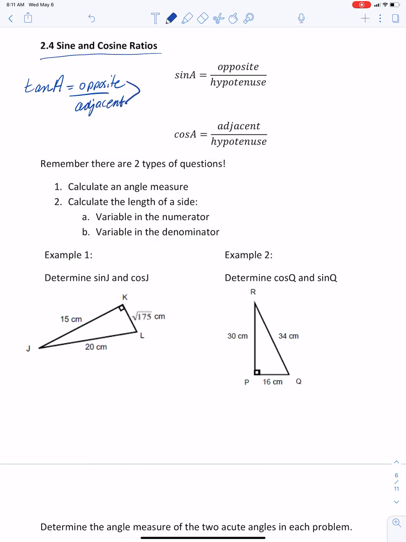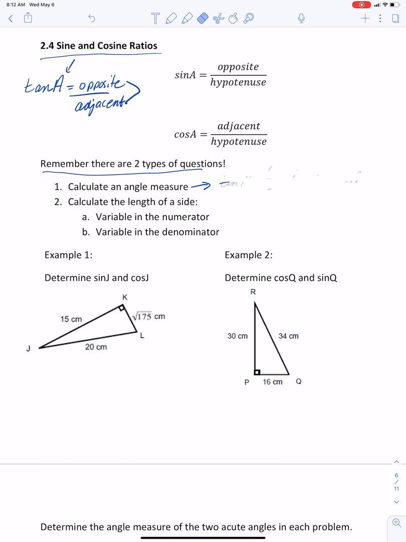Or if I knew these two, I could calculate this one, right? And so there were two types of questions. Either I'm looking for an angle measure, so I'd have, say, something like the tan of A is 6/8, and then I did the inverse tangent of that to give me A, right? So hopefully you remember that.